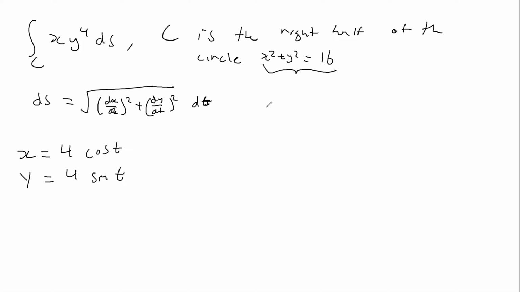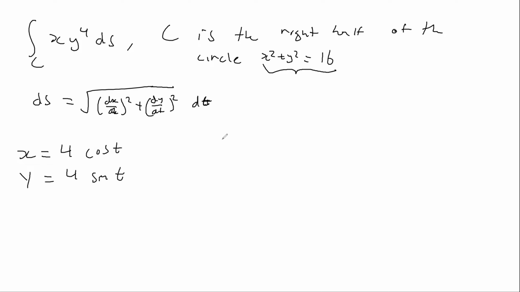Now, if we plug it back into the equation, we have x, and ds is going to be the same thing as the square root of (dx/dt) squared plus (dy/dt) squared.